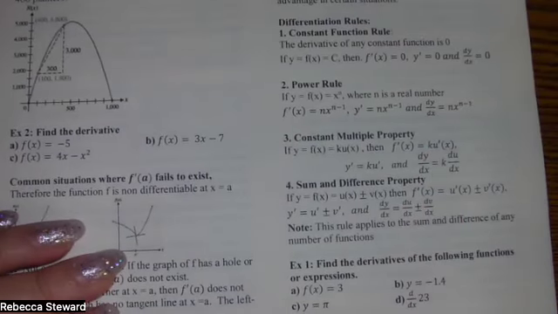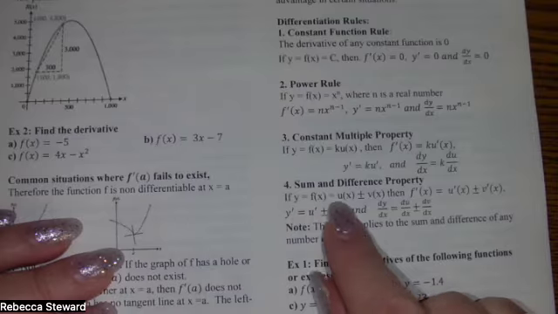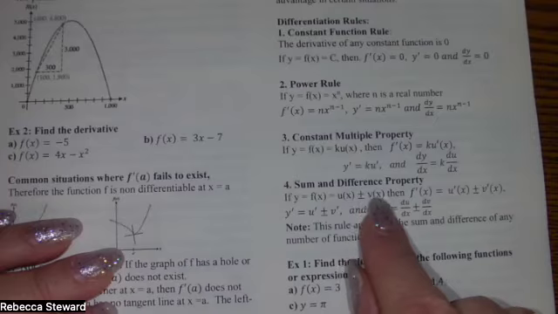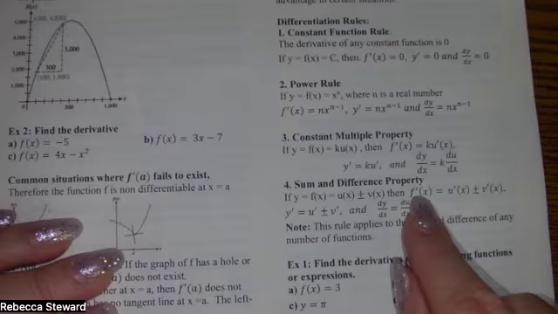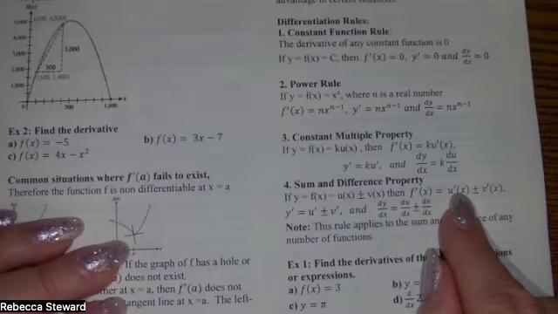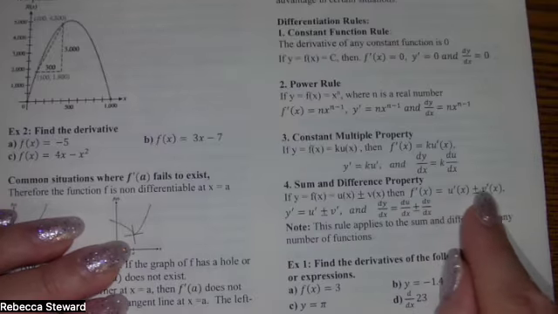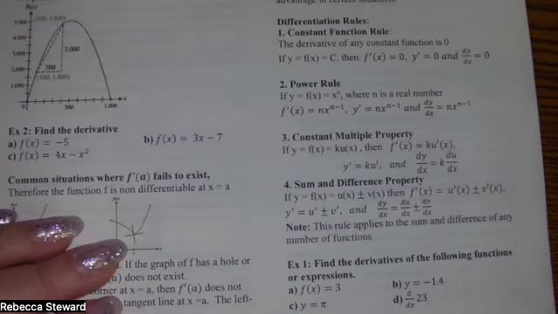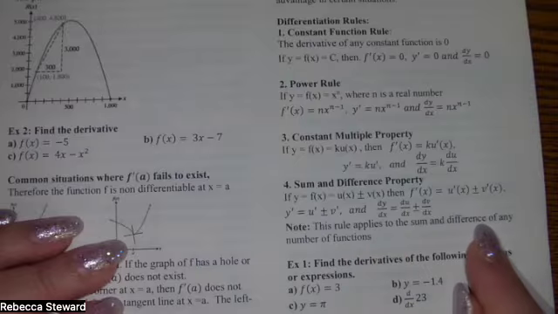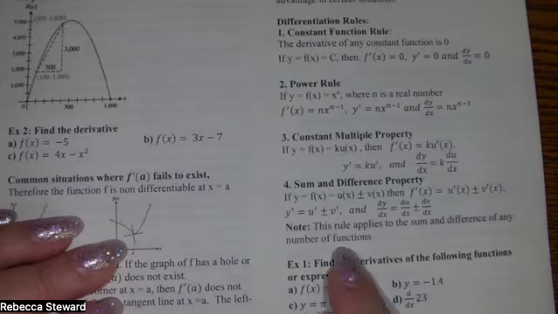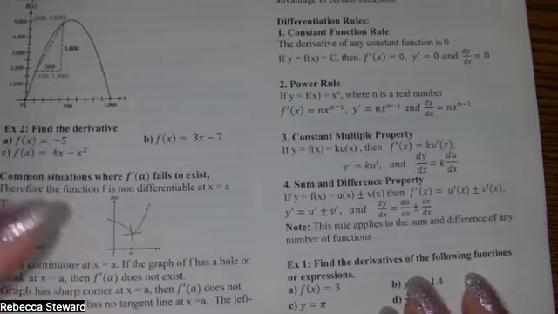And then we have our sum and difference properties. If we have two functions that are added and subtracted, then the derivative is the adding and subtracting of those derivatives, depending on if it's being added or subtracted. And again, the notation doesn't matter. This rule applies to the sum and difference of any number of functions, so it can be more than just two.